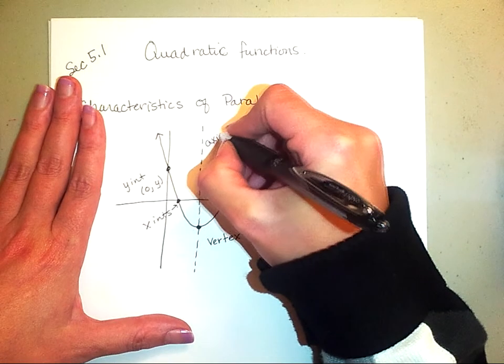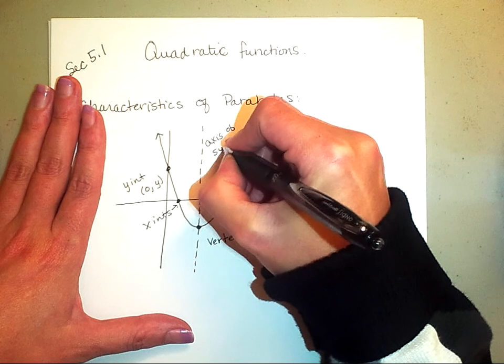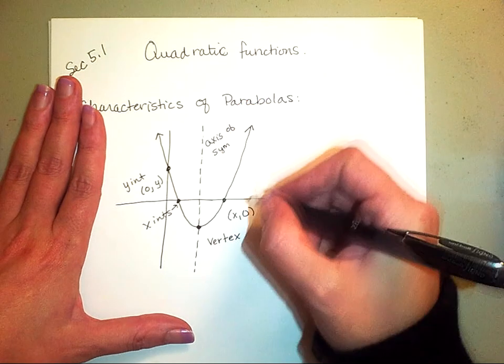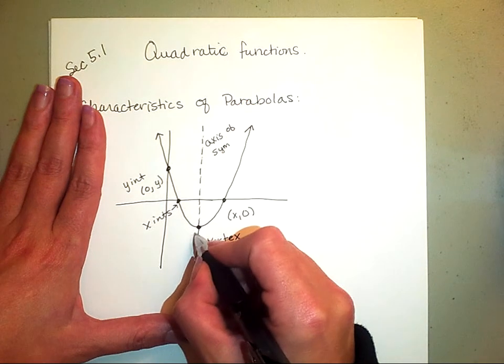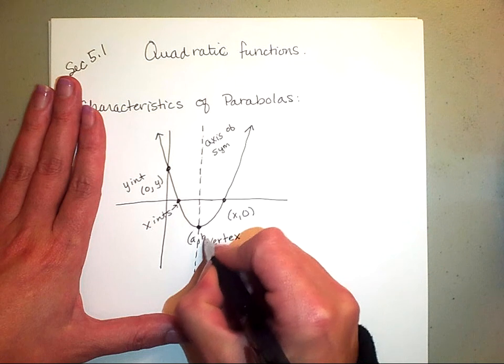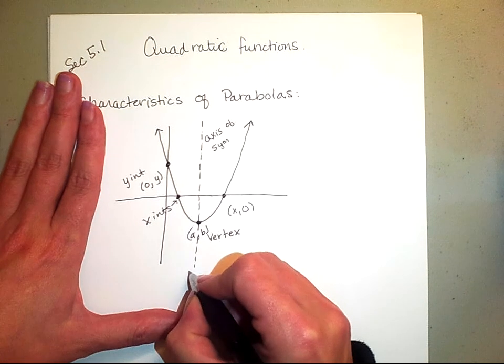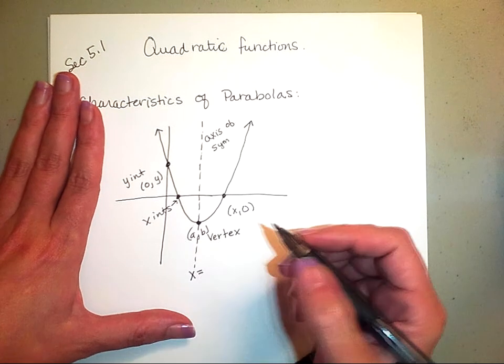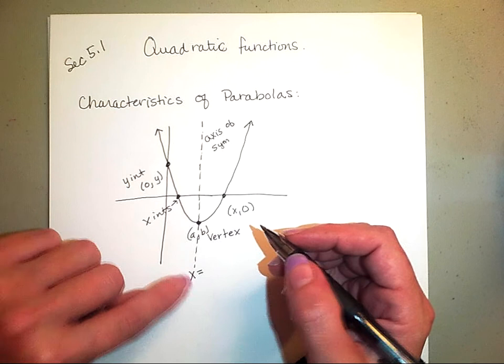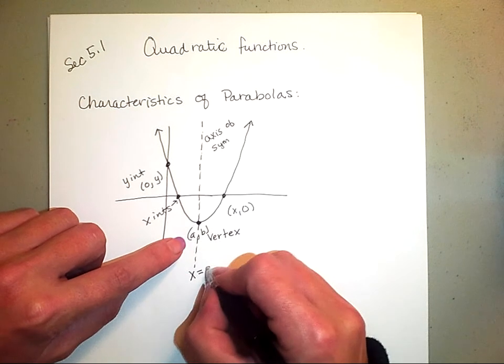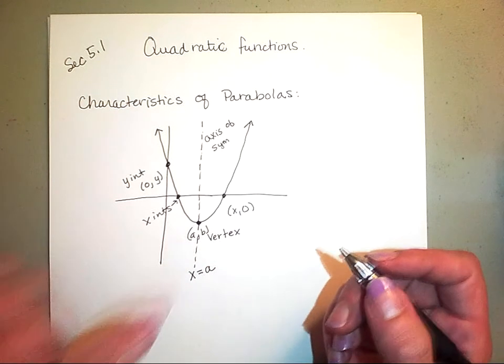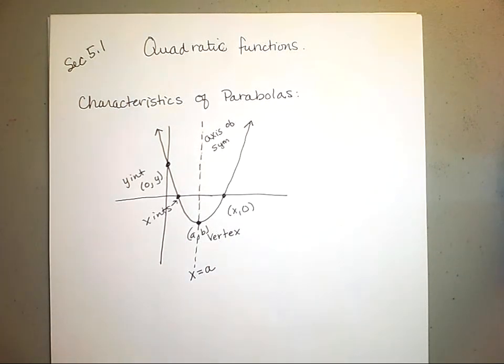And this is known as the axis of symmetry. So let's say this is just some point A, B. Then the equation of the axis of symmetry, because it's a vertical line, is x is equal to this value A. Okay.